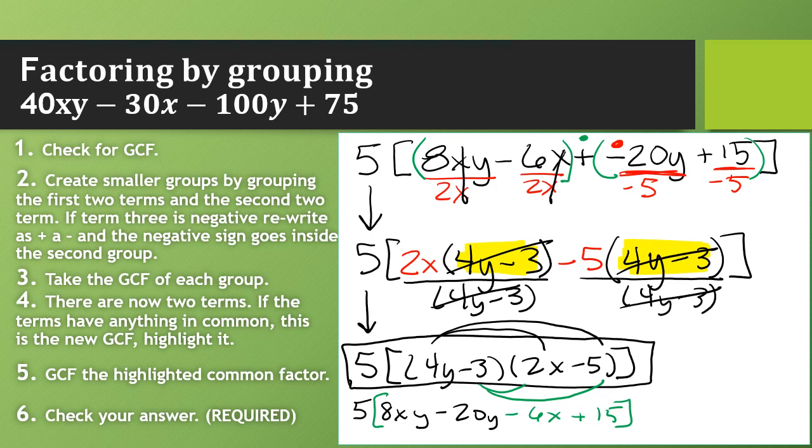So now if I distribute the 5, I have 40xy minus 100y minus 30x plus 75. And other than the fact my middle two terms are switched, which is not a big deal based on the addition properties, that matches my original problem, so it looks like I am good to go.